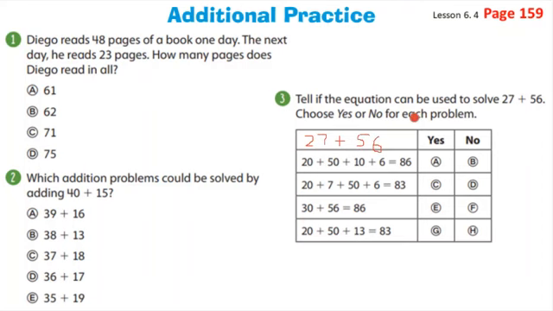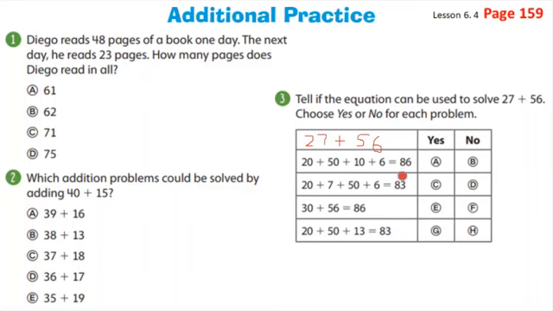Now let's take a look. We have a 20 and a 50 and a 10. Wait a minute, there's a 20 there and a 50 there, but where are we getting that 10? I don't think that's correct.